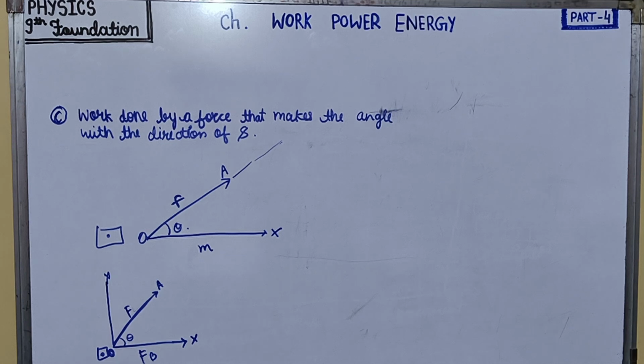The work is done only by the horizontal component of force Fh as the body moves in the horizontal direction. Fh can be expressed in terms of F and theta.